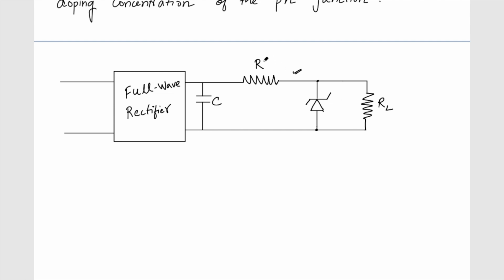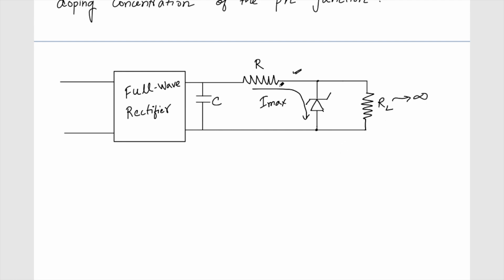At the same time, I have to make sure that this R is large enough that the current flowing through this is not exceeding Imax, especially when there is no load. Suppose I'm not charging my phone, so my RL is infinite.